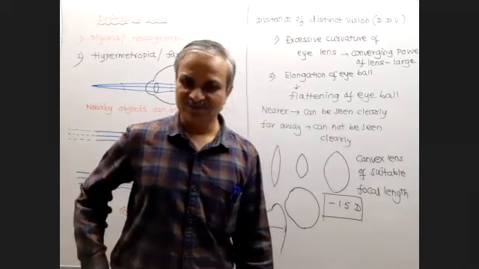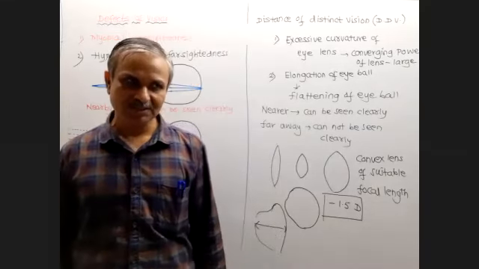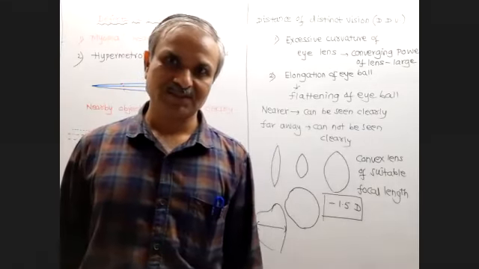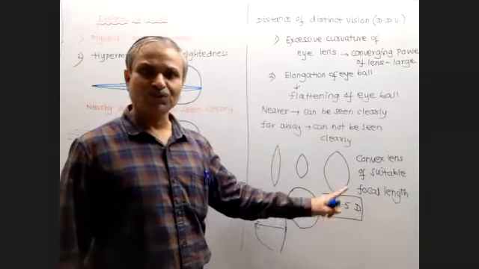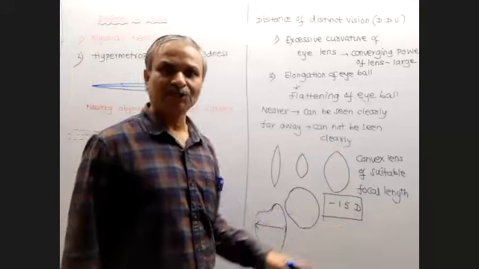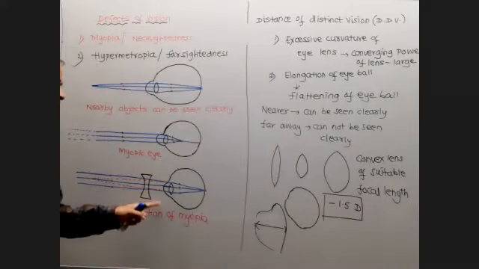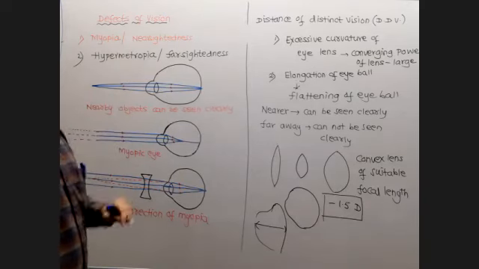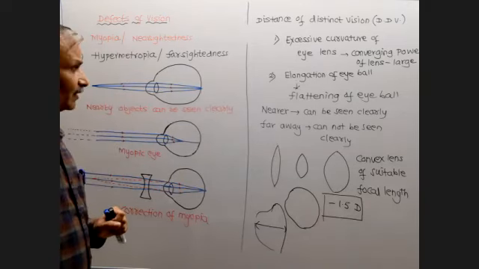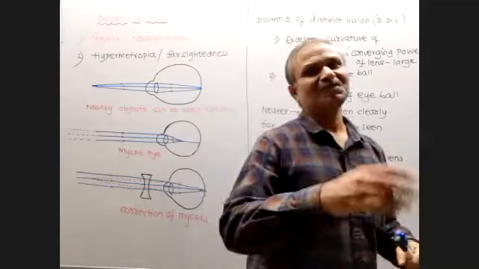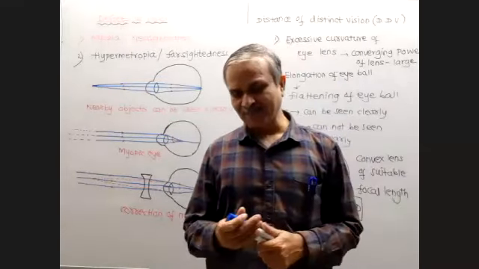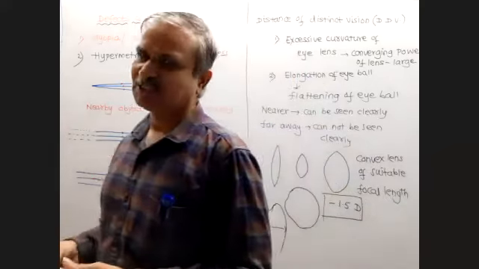Because the focal length is negative, power is negative, and negative focal length is for the concave lens. So that is why it should be myopia. Okay, suppose any object is far away, then are we able to see it clearly or not in that particular case?